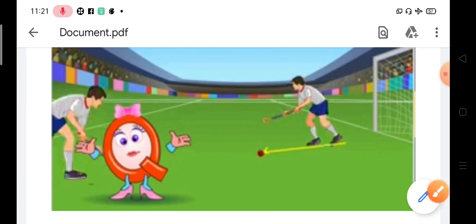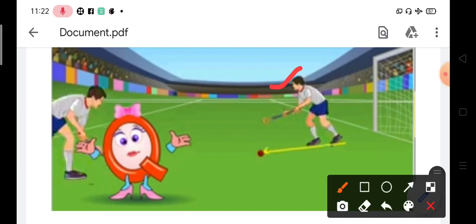You can see over here that this boy is applying the muscular force on this hockey stick so that the hockey stick can push this ball. Okay, so that is the muscular force applied by this boy. Similarly, we can have an example of a horse pulling a cart.